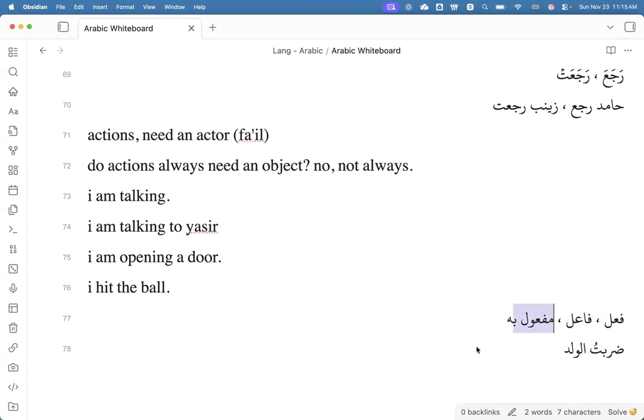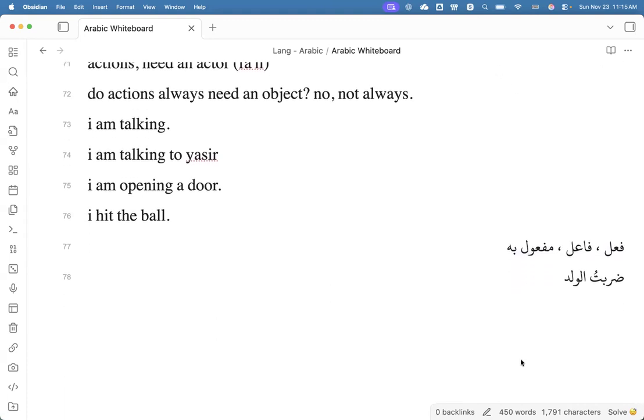So there is one grammar rule that we will learn. This is not grammar, right? This is just normal sentences as you guys understand everything. There is a change you make to designate something as a maf'ul bihi, the object. The object that the action is being done upon. Like the door is the object on which the opening action is done, right?